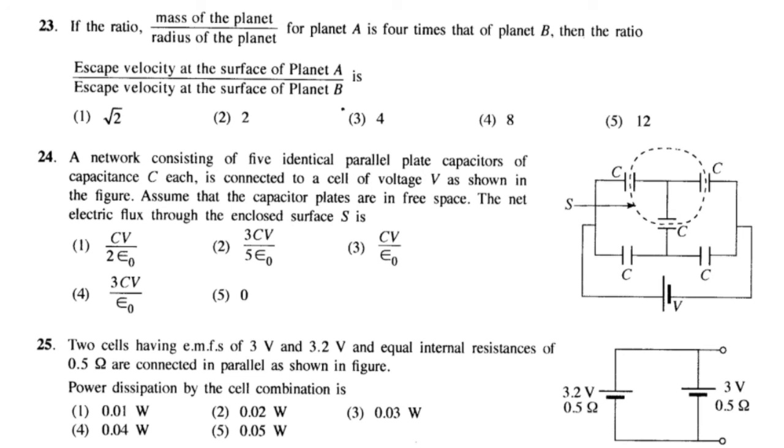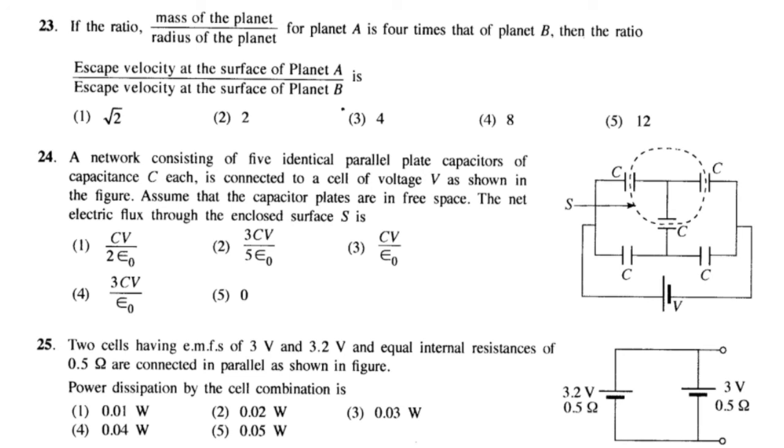Suppose the escape velocity at A is VA and that of B is VB. Then we can write VA is proportional to square root of MA over RA, VB is proportional to square root of MB over RB, and we write the ratio VA over VB by dividing the two equations.